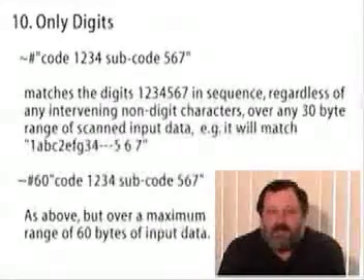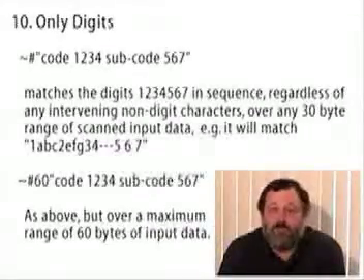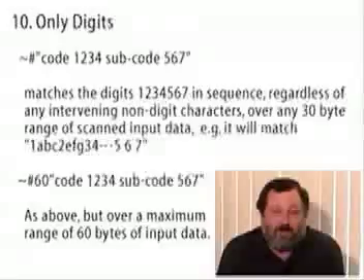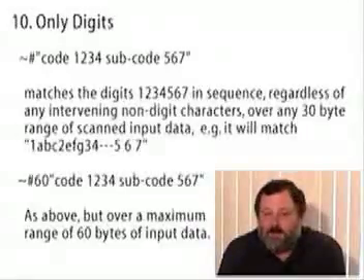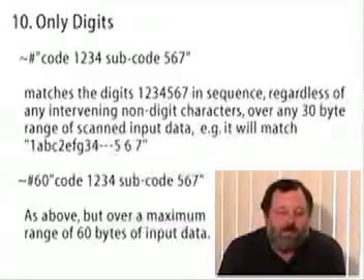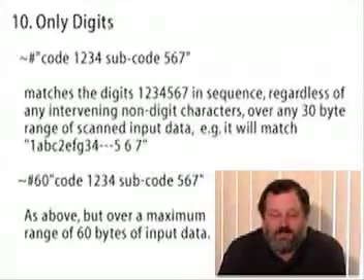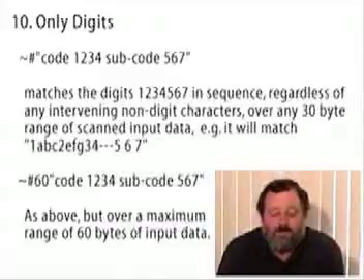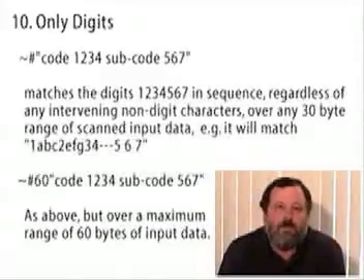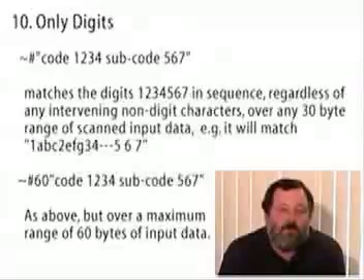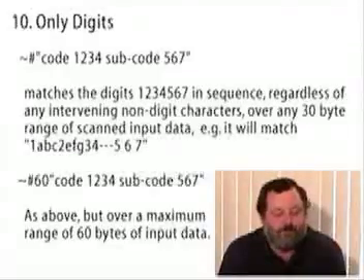Similar to the \D plus operator, which matches a sequence of 1 or more digits, CVDL has another specialized numeric operator, $#. The $# operator specifies matching a sequence of digits while skipping all other characters and only looking at the digits over a default maximum range of 30 bytes of scanned input data.